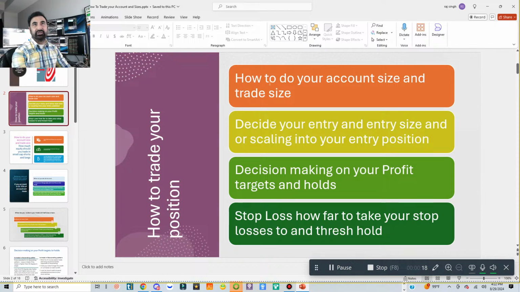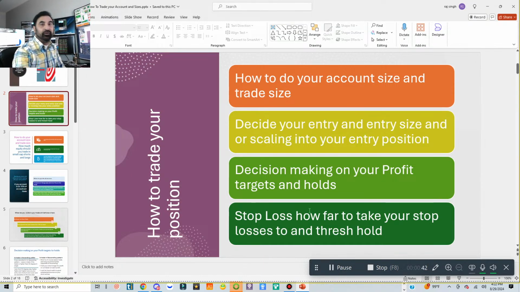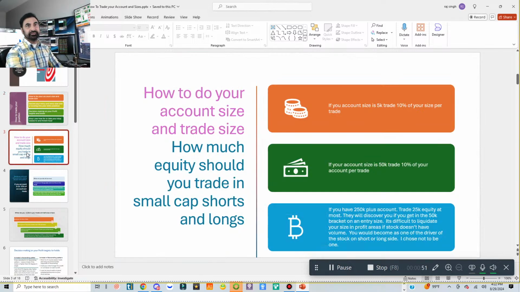Topic number one, how to do your account sizes and trade sizes. Then deciding your entry, entry size and scaling into your entry positions, whether you are going in or going out. Decision making on your profit targets and holds, that's very key. And then the stop loss, that is also extremely important, guys: how far to take your stop losses and the threshold that you might have. Okay, so far so good. Those are the topics.